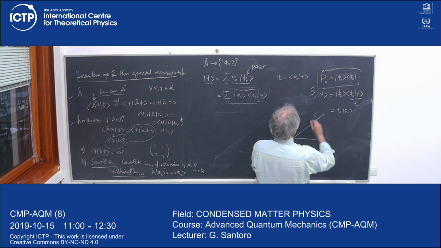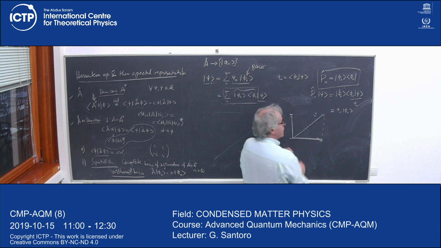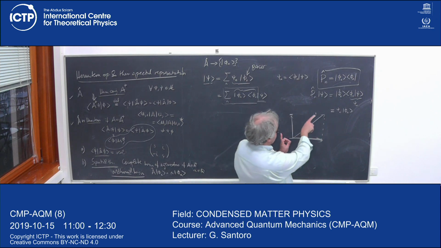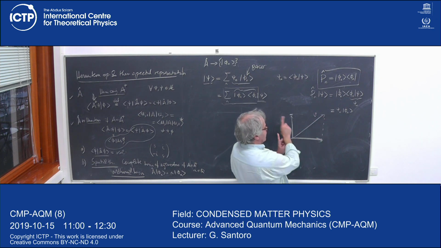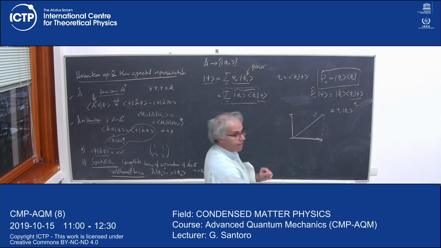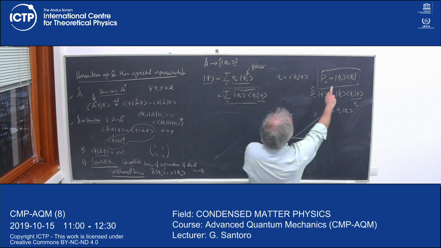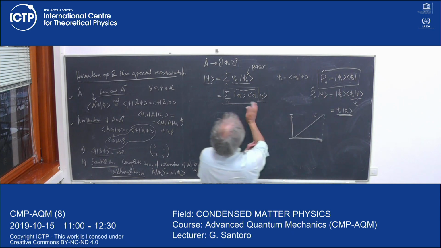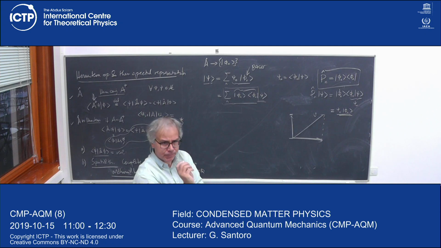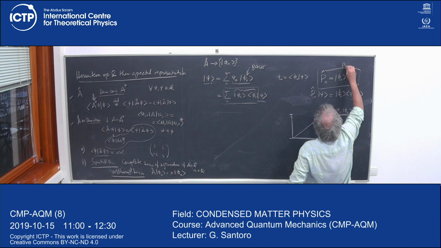I have here a vector v. I can write it as the x component plus the y component, and this object is telling you the component along x and the component along y. In the same way, this operator applied to psi selects the component along n. Is it clear? Okay. So these are called projection operators.